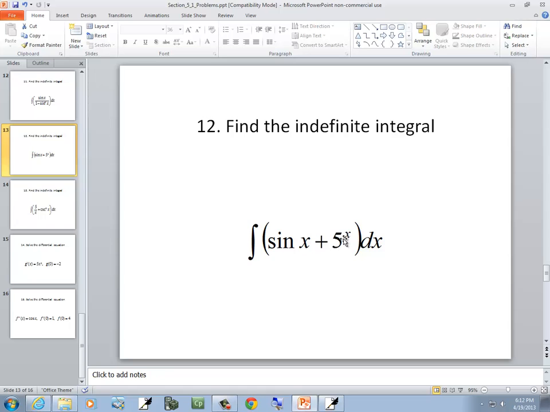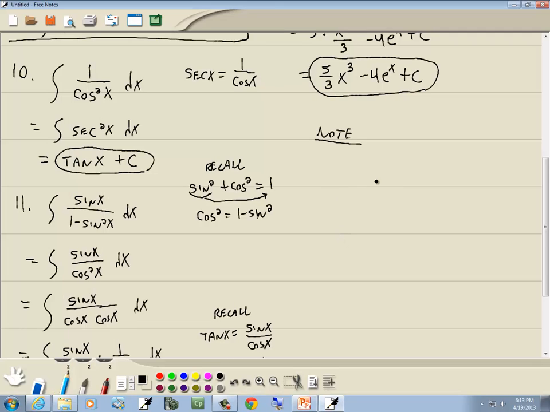Now 5 in formulas is usually represented, it's a constant, so it's represented as a. So our formula for this says a to the x power dx, where a can be any number, is equal to 1 over the natural log of a, to the x plus c.